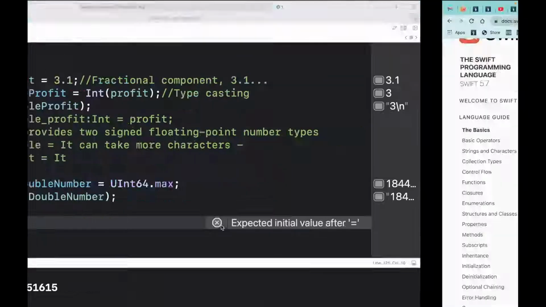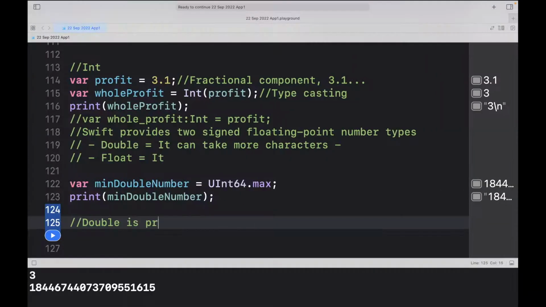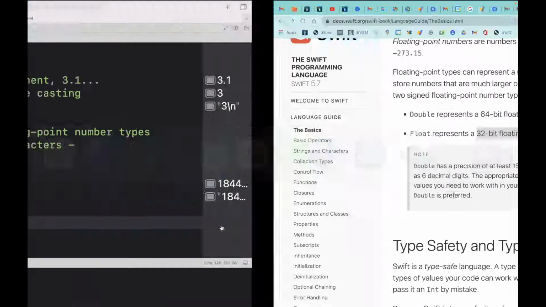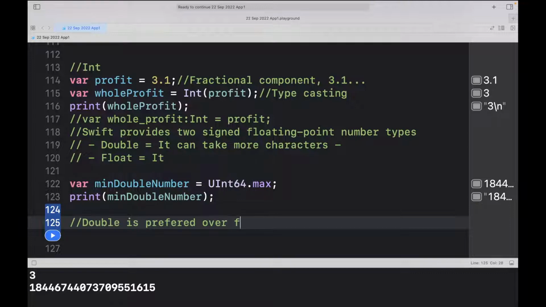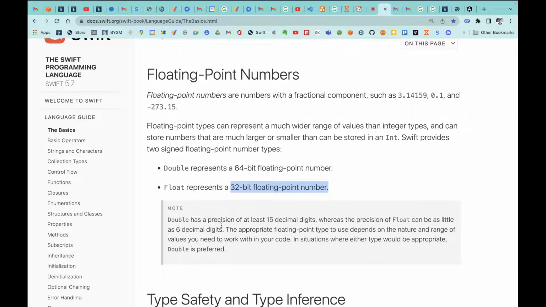Double is preferred over float. Cool. So I think that's it for floating point values.